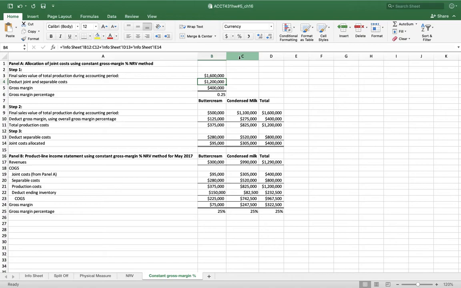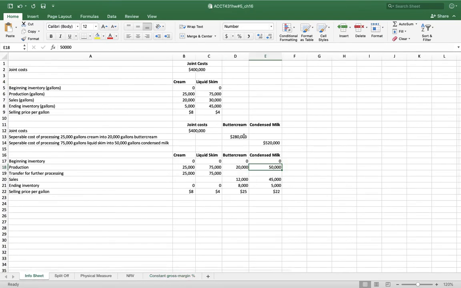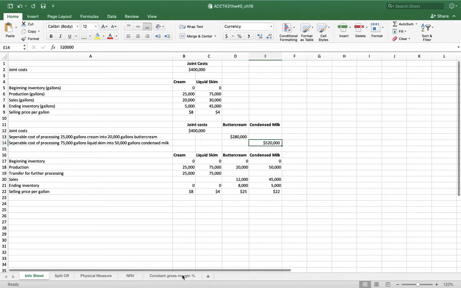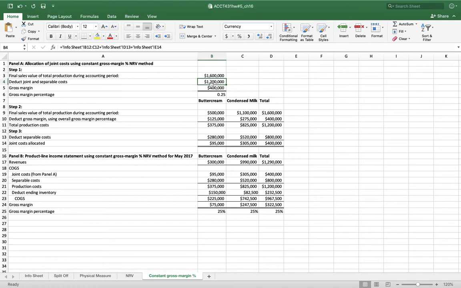The deducting joint and separable costs is the total joint cost given on the info sheet plus the buttercream separable cost and the condensed milk separable cost. And that is how you compute this category. So the gross margin is just the difference between these again. And the gross margin percentage is the gross margin divided by the final sales value. So that gets us 0.25 or 25%.